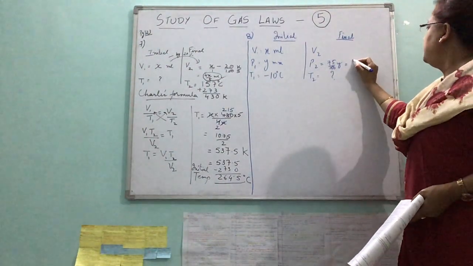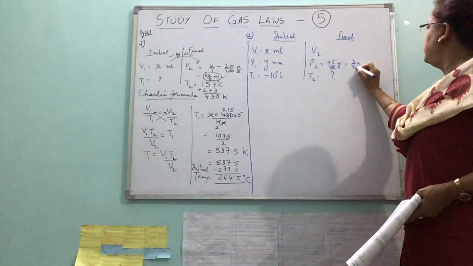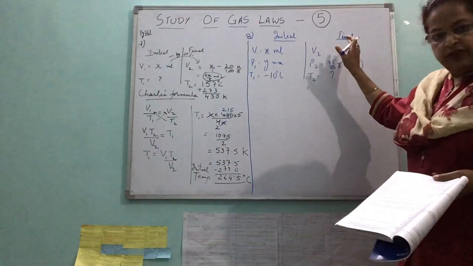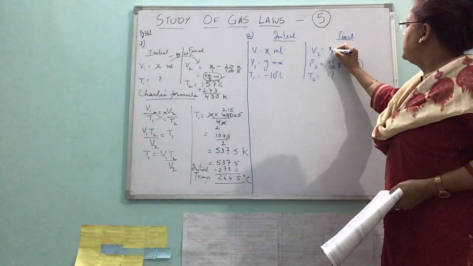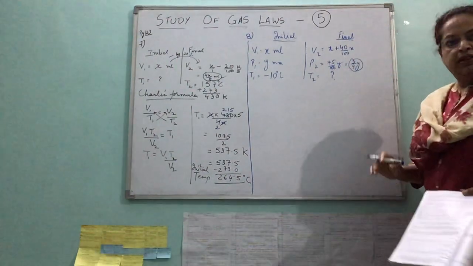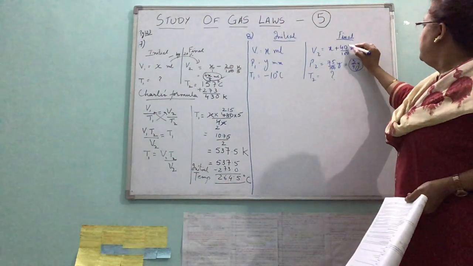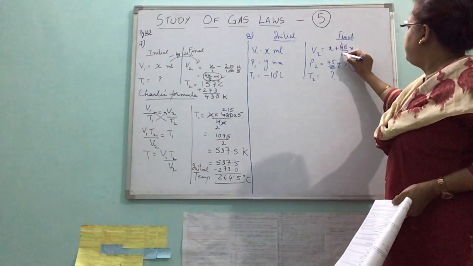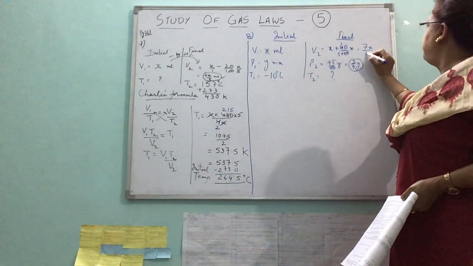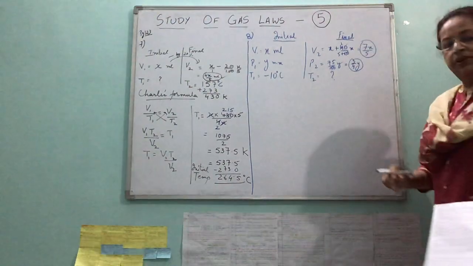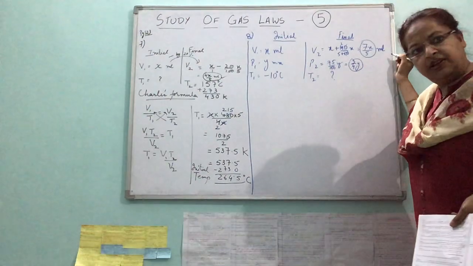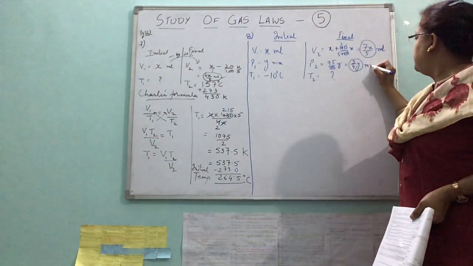So it is 3/4 Y. Then the volume increases by 40%, means X plus 40% of X. To X add 40% of X. It is reducible, it is 2/5. If you take the LCM and all, your final volume is 7x/5. Units would be the same, children, milliliter here, and millimeter here.